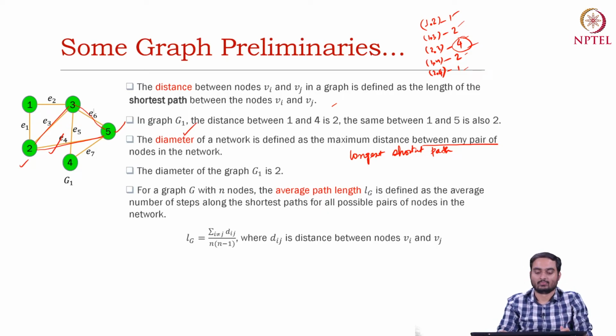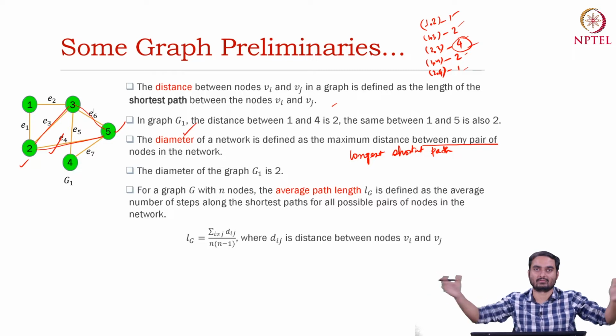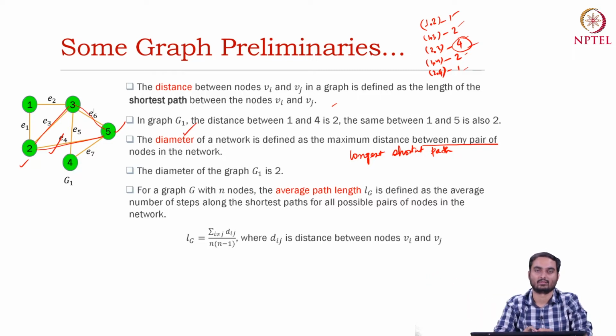Okay. What is the interpretation of a diameter? Diameter basically says how far two nodes can reside in a particular network. And that's the worst case scenario, the maximum distance that is possible.